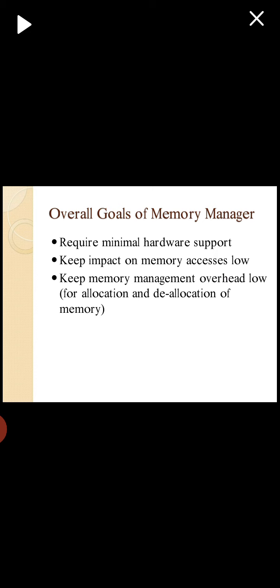The overall goal of memory management: require minimal hardware support. First of all, keep impact on memory access low. Third, keep memory management overhead low, that is, for allocation and deallocation of memory.